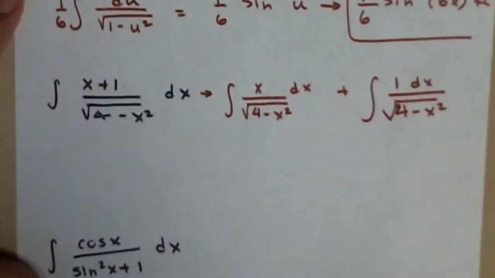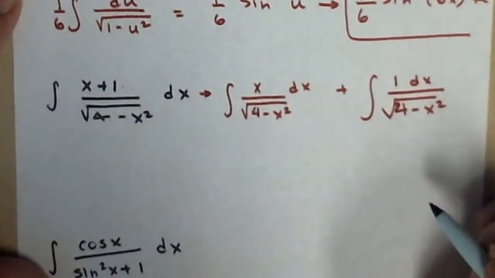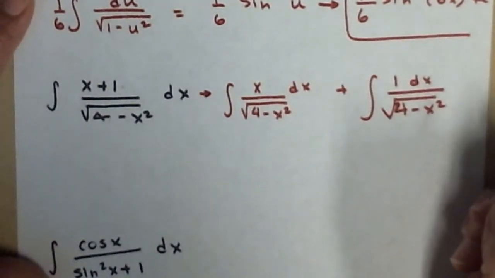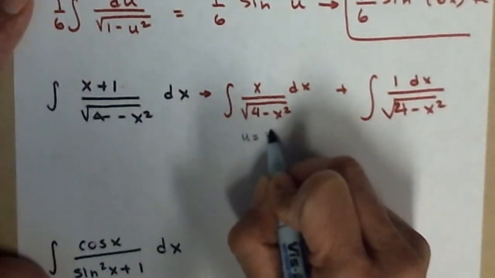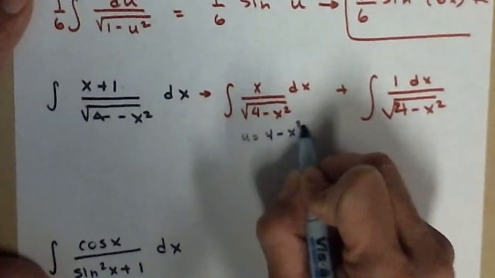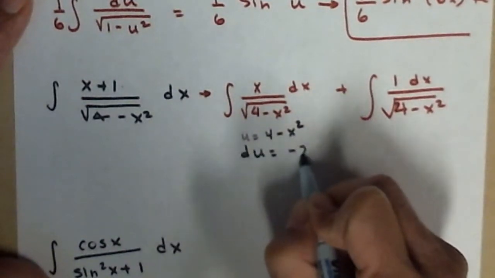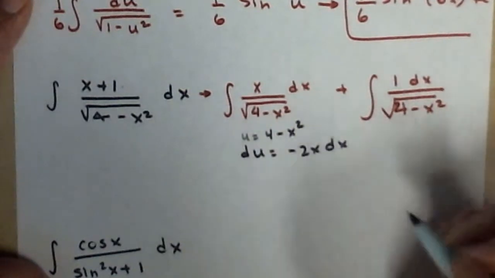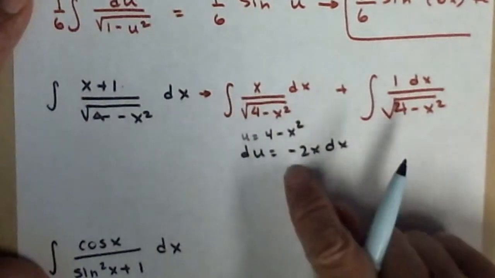And then you'll use a different technique on each of these fractions. Okay, so room's going to be tight here, so I'm going to scrunch in a little bit. So this first one is a u sub. If you let u be the entire radicand, 4 minus x squared, du is negative 2x dx. I've got the x. I need a negative 2.